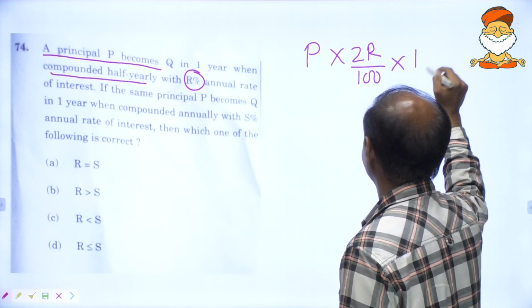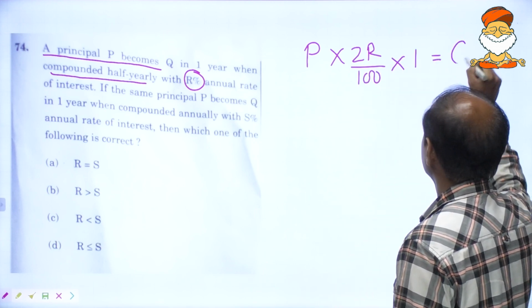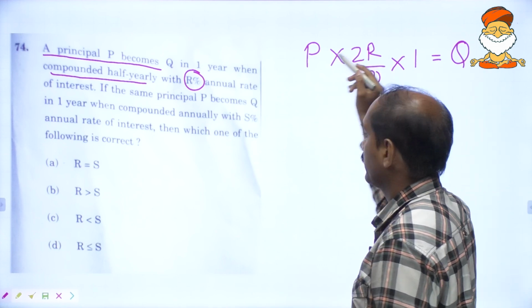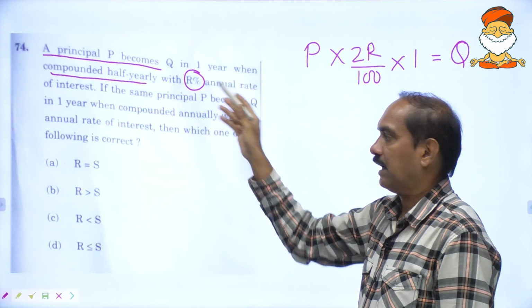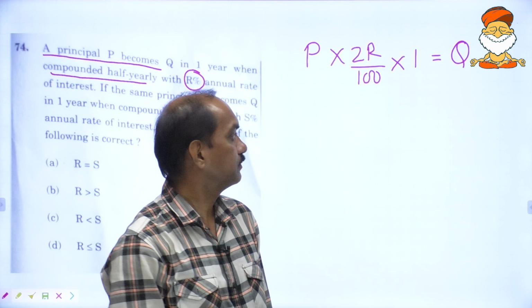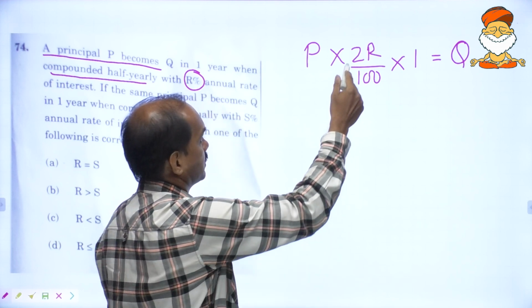P has become Q in 1 year, half yearly with R%. Yearly it is 2R%. So 2R%.